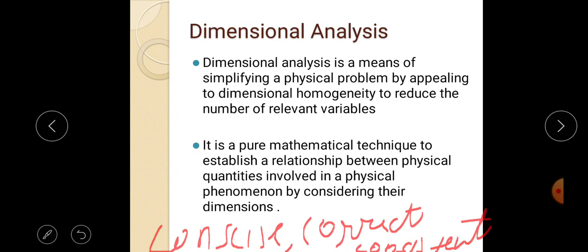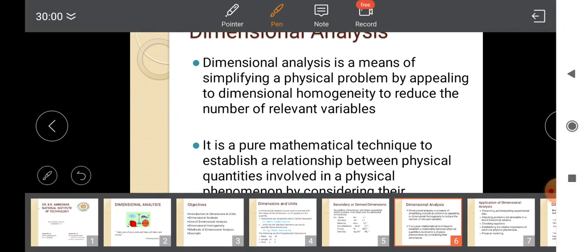So the technique of dimensional analysis should be concise, correct, and consistent. Basically, what we do is try to reduce the number of variables in the dimensional analysis with the help of dimensional homogeneity or any other such means.